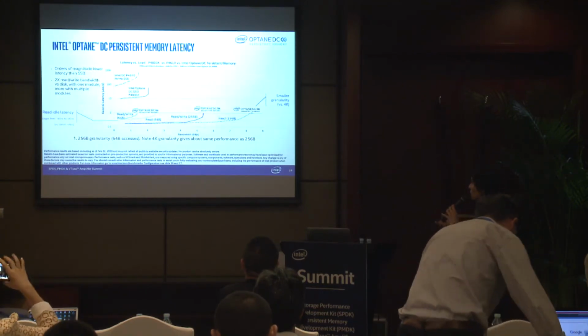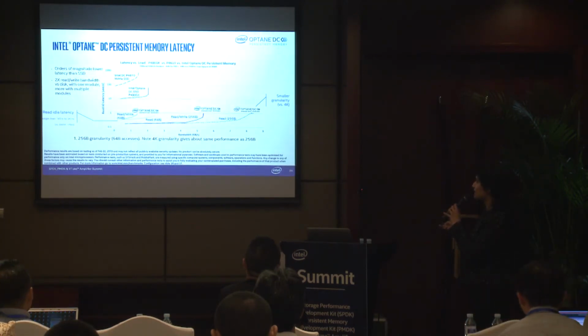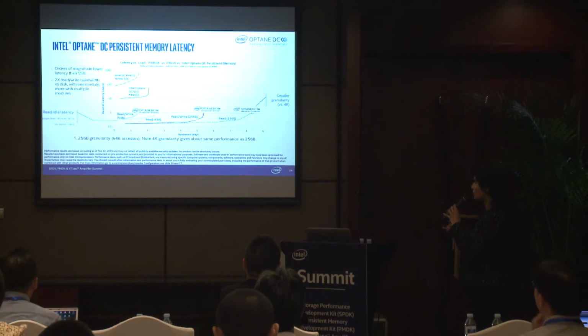And now what we're comparing to is an Optane DC SSD and an NVMe SSD here. You can see that the latency of reads and writes to persistent memory is much lower than it is to the SSDs. That's what I'm showing in this slide. So it's literally 2x read and write bandwidth versus the disk, and this is only with one module.